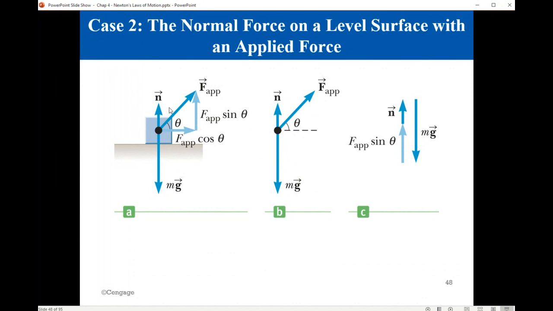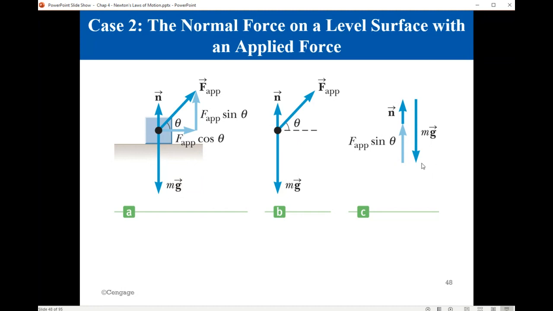So now along the vertical direction, you have N and you have F sine theta up, and you have mg down, right? Since there is no motion along the vertical axis, we still have N plus F sine theta minus mg equals 0.